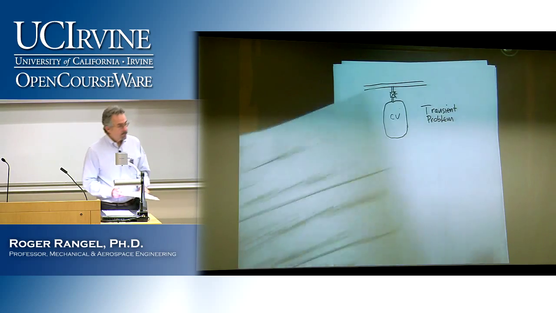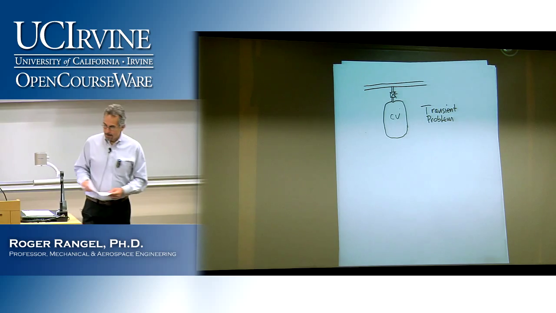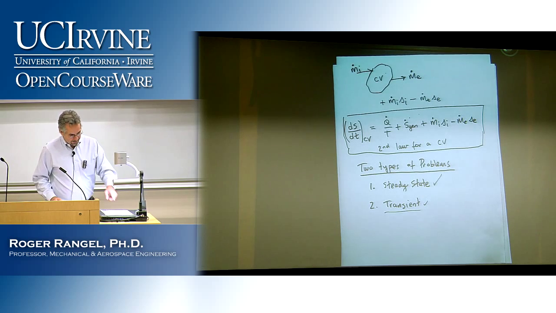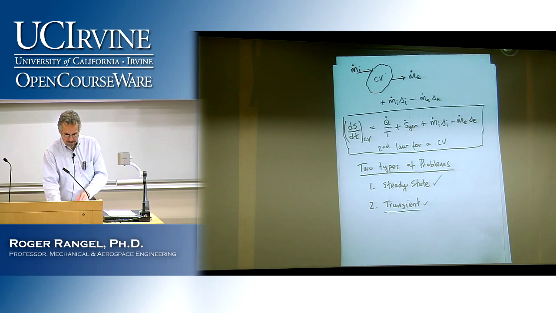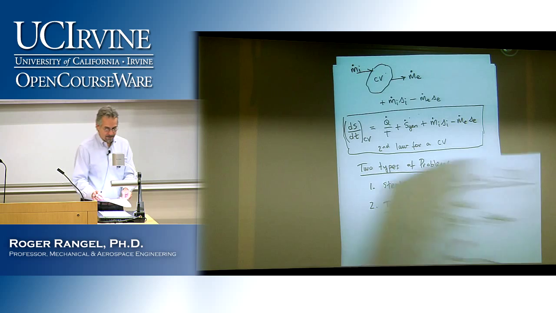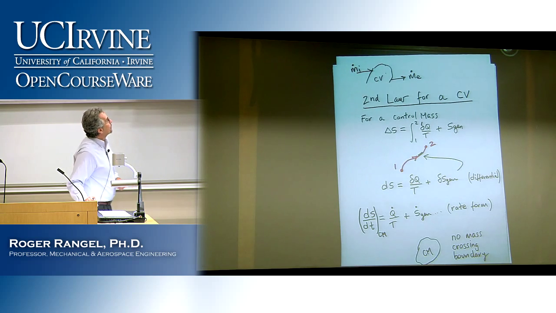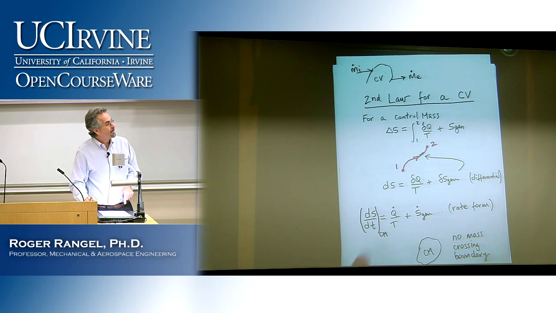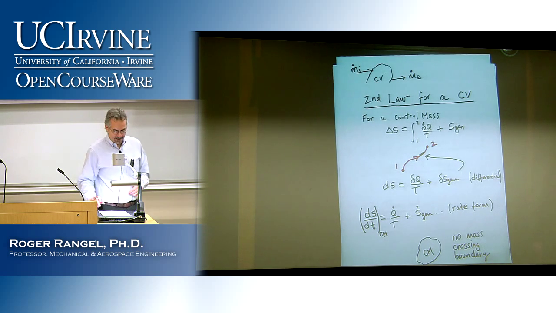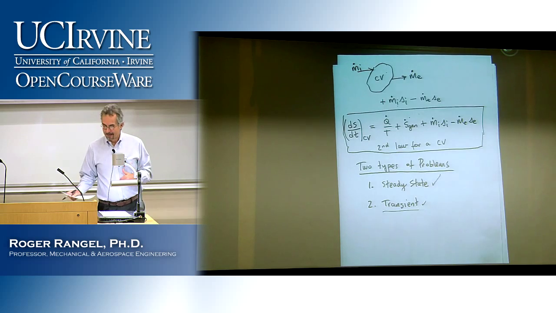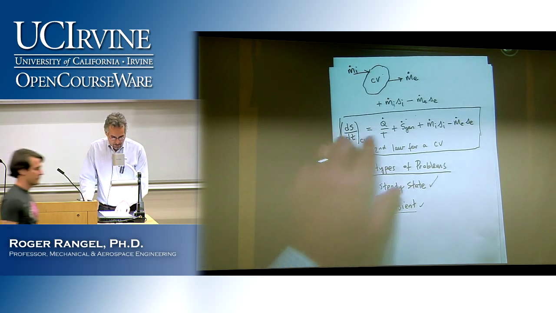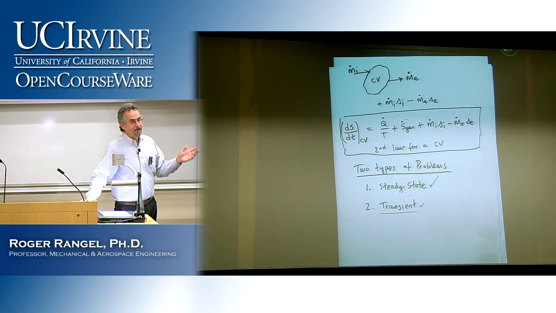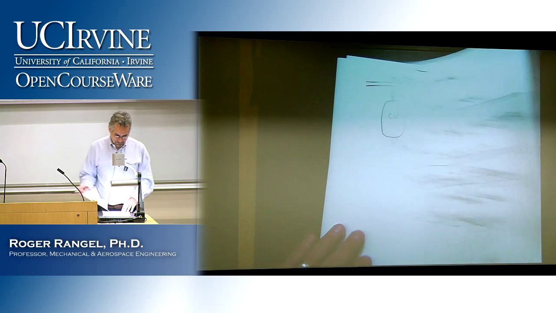What we need to do first, in fact, is undo some of the things that we did to arrive at this equation. You remember the way I arrived at this equation was by starting from this form of the equation, and then I wrote it as a differential form, and then I divided by the dt, so I got a rate form. Now I'm going to kind of go back because I'm going to take this equation and integrate it in time from the beginning to the end of the process.